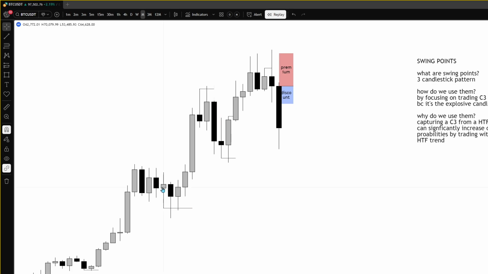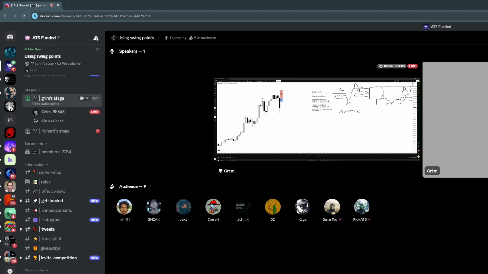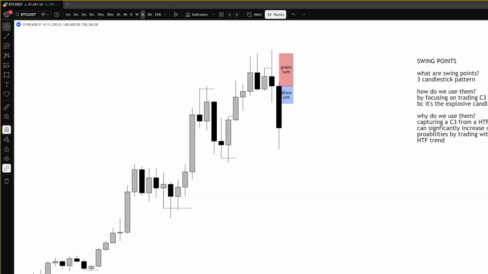Candle 1, 2, closes back inside. Look at 3, look at 4, look at 5. If you want it to be high probability, it does have to close back inside candle 1's range, for sure.